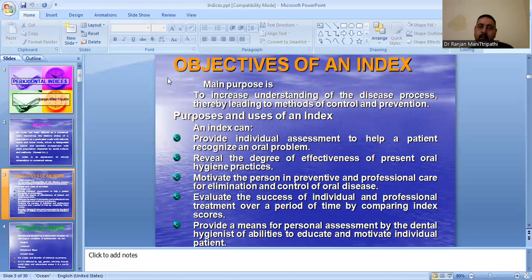It will help in the evaluation of success of individual and professional treatment over a period of time by comparing index scores. It will provide a means for personal assessment by the dental hygienist of abilities to educate and motivate individual patients.